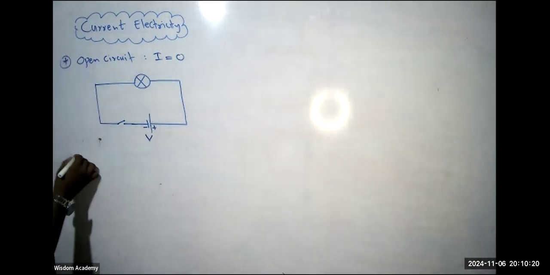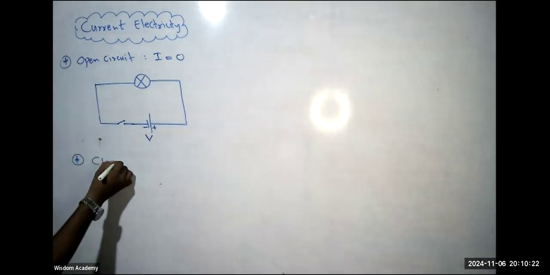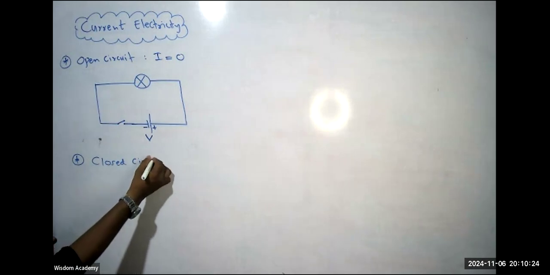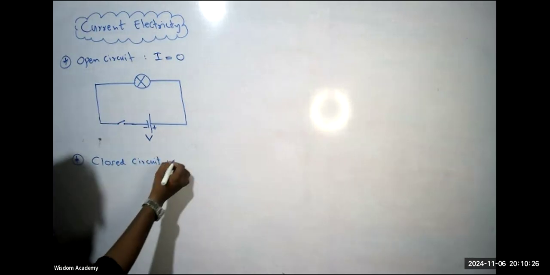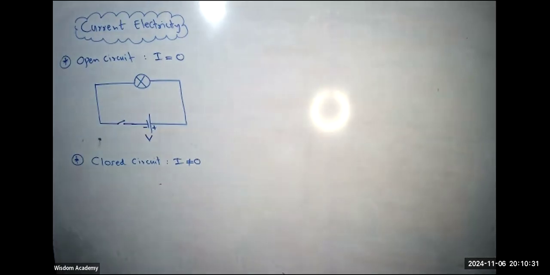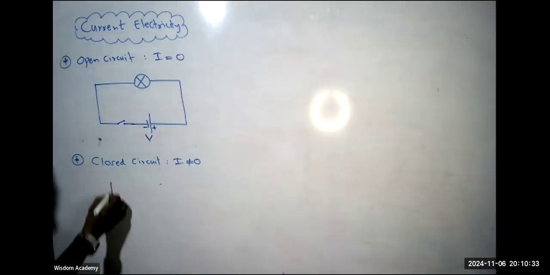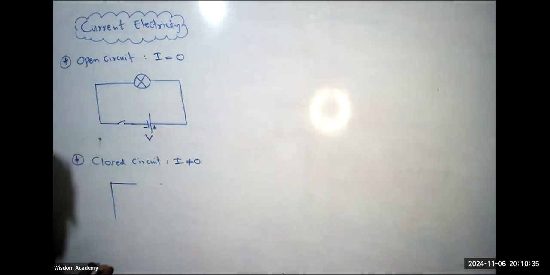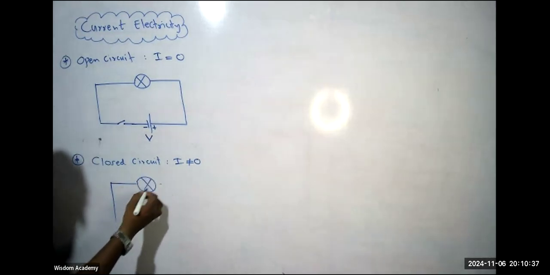And when you take a closed circuit, current is not zero. There is a current flow. So how do we draw that? Here, the same bulb.